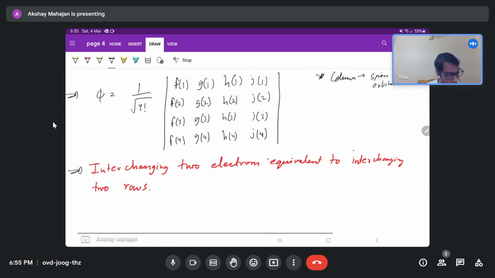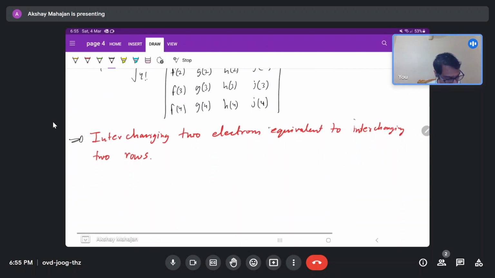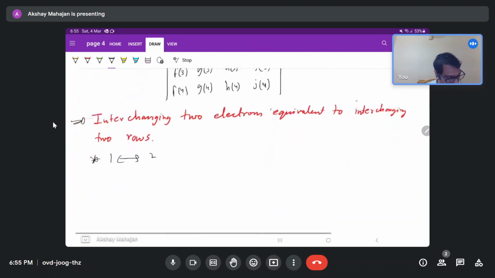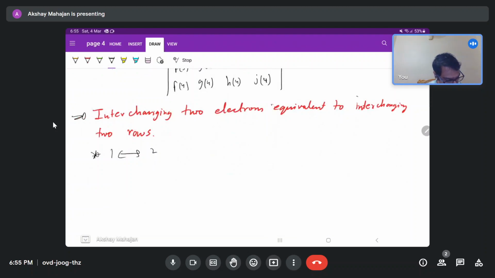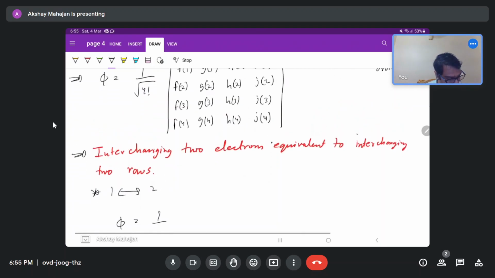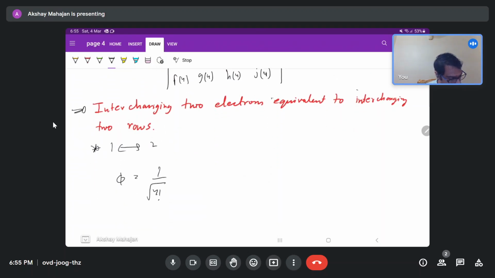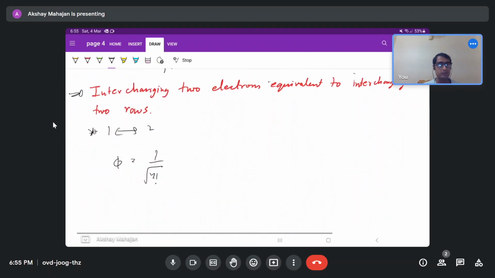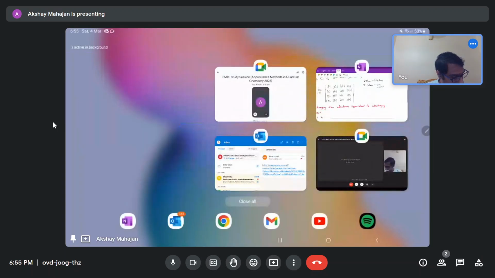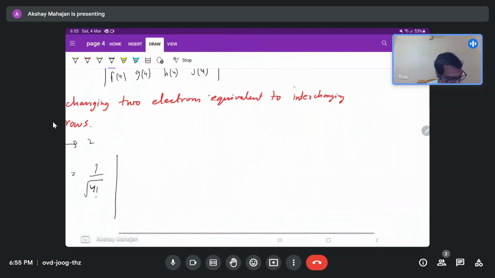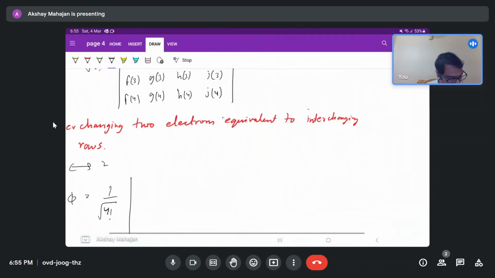Using this concept, what will happen if we change electron 1 and 2? Our phi, the Slater determinant, now becomes 1 by under root of 4 factorial. This normalization constant follows the same idea as the 3 factorial term. So you will interchange, let's say, electron 1 and 2.